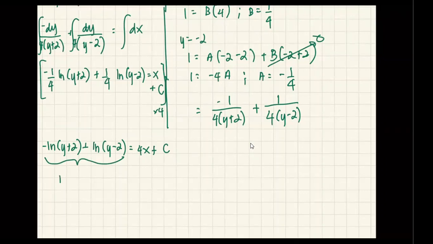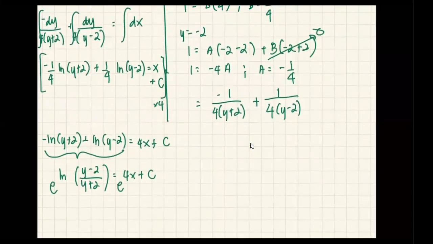And ito, pwede natin combine to. Yung ln of y minus 2 all over y plus 2 is equal to 4x plus c. And para ma-eliminate yung ln, raise natin by e both sides. So, magiging y minus 2 all over y plus 2 is equal to e to the 4x.